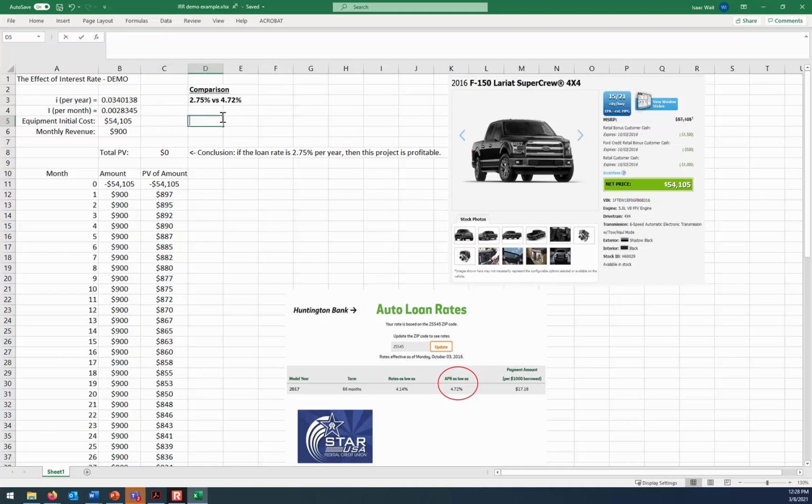So if you pay $54,105 for the truck and earn $900 per month for 66 months, then the internal rate of return is 3.401% per year, but it's compounded monthly.